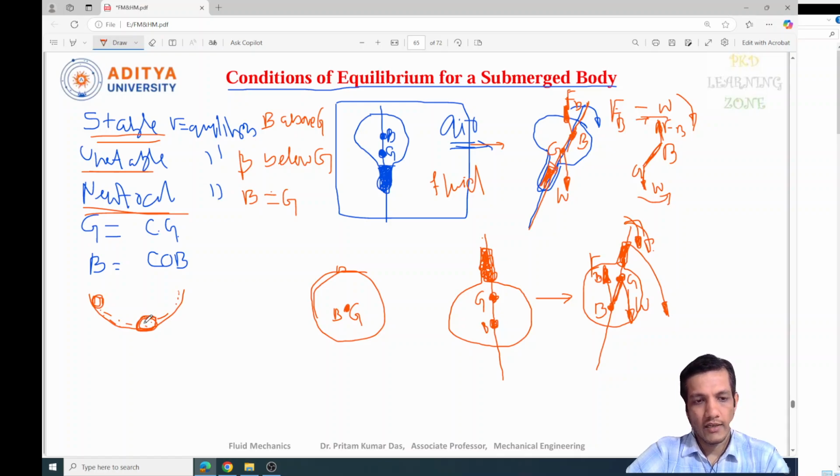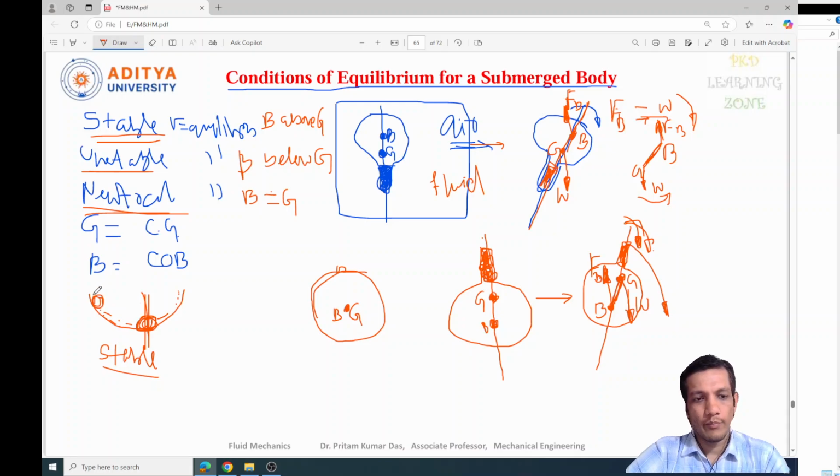So the ball can be back to this position even if you take this ball up and make some displacement. Initially it was here, now you try to move it here and there, and again the ball can be back to the center point of this. In this condition we can say this is a stable equilibrium.